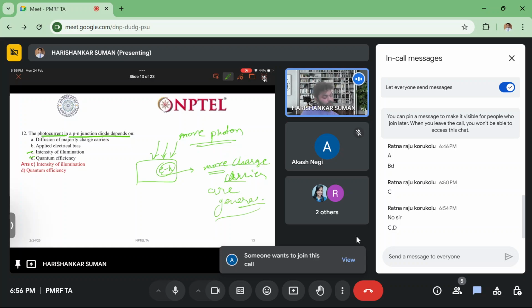Okay, so quantum efficiency will be high, or photocurrent. If charge carriers are high, then J, the current density or current, will be high, and also quantum efficiency will be high. If quantum efficiency is high, then photocurrent is also high.